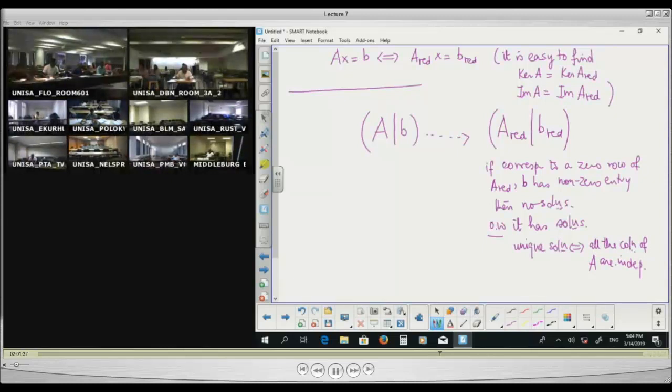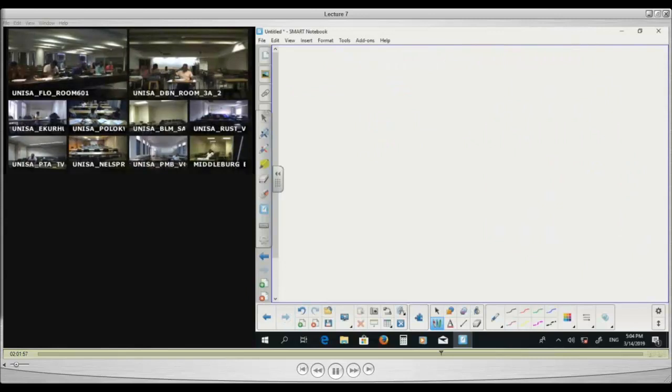Clear? Yeah. Now, suppose we have two systems of linear equations. You can extend this. So simultaneously, does it have a solution?